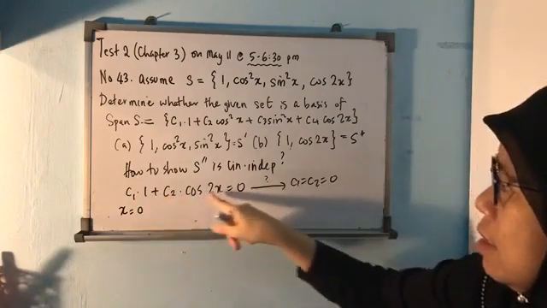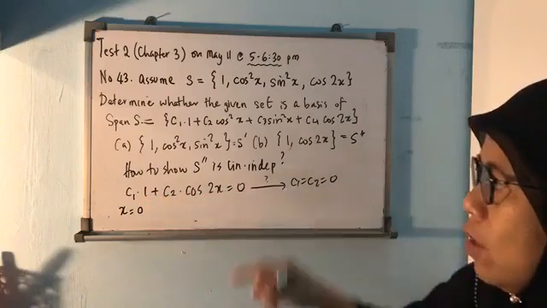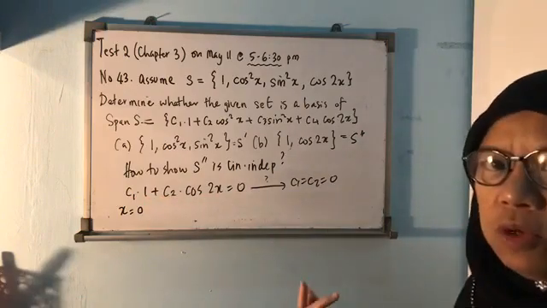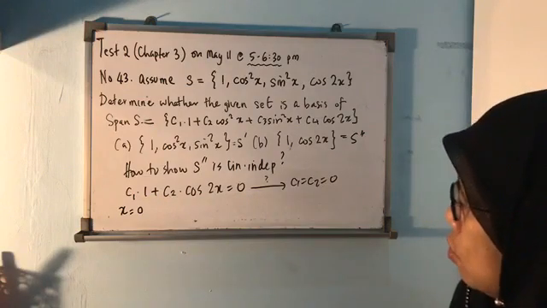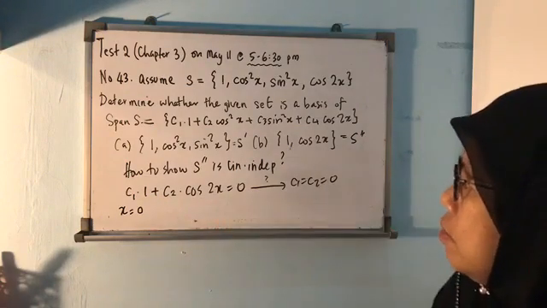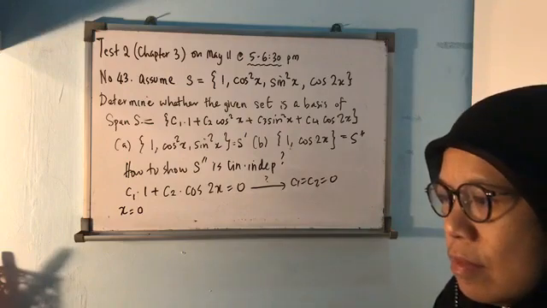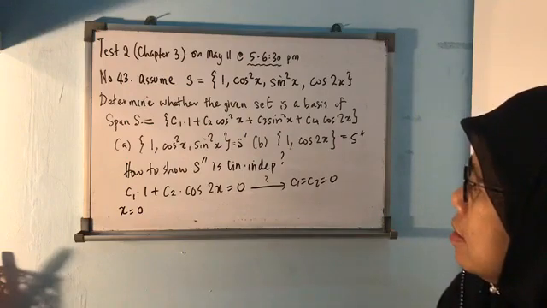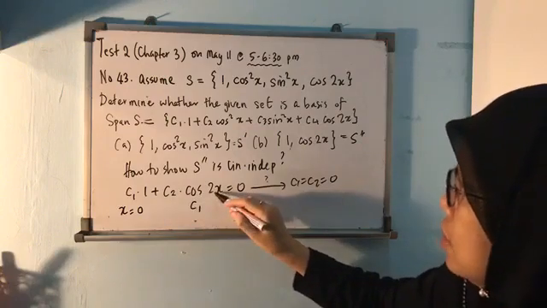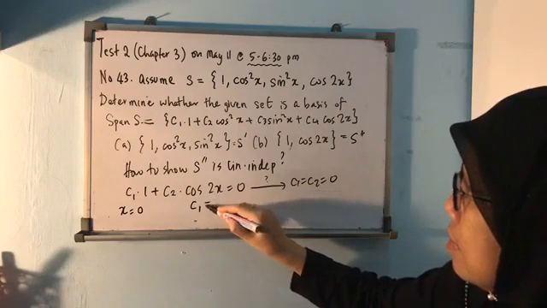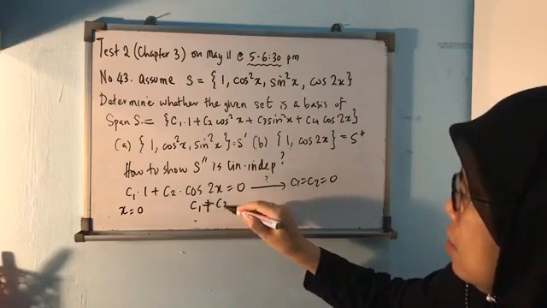You need at least two equations to solve for two unknowns. Okay, so when x is 0, what is cosine of 0? So you have C1. Cosine of 0 is 1, right? So plus C2 is 0.